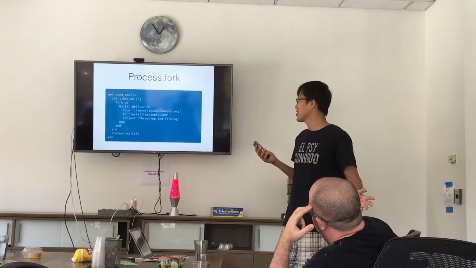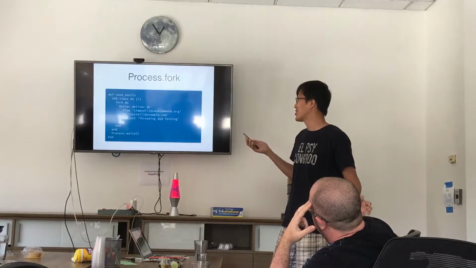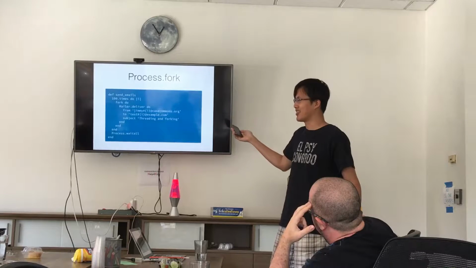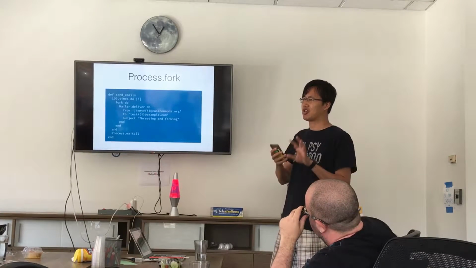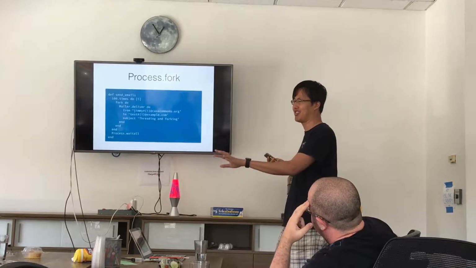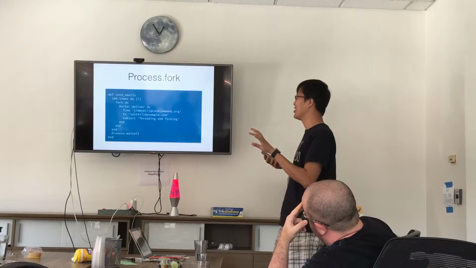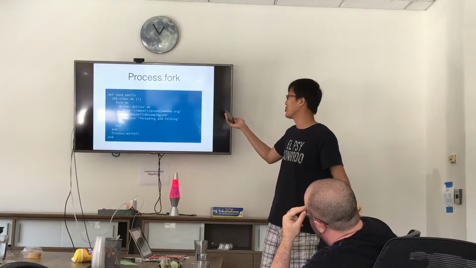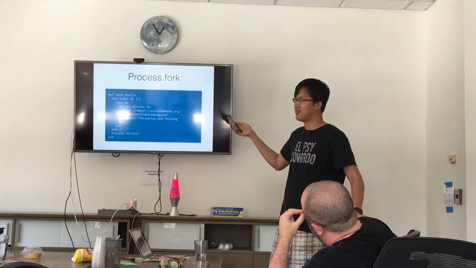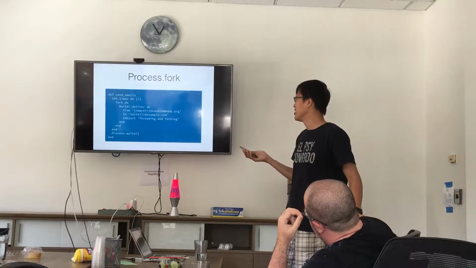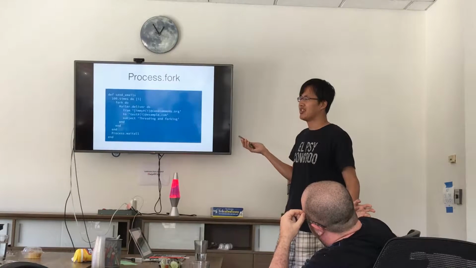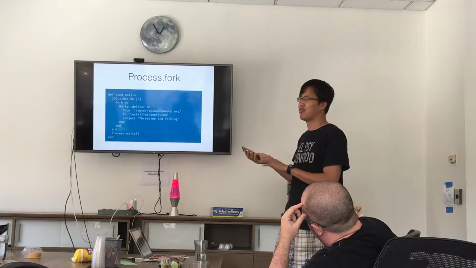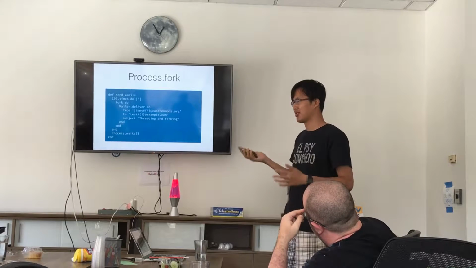You have no access to the things inside that fork. You can't share memory between them, because when you call fork, you copy everything to another process. So it's really hard to return any results from that fork. However, afterward you can call Process.wait until all the processes you generated finish, and then you can continue.